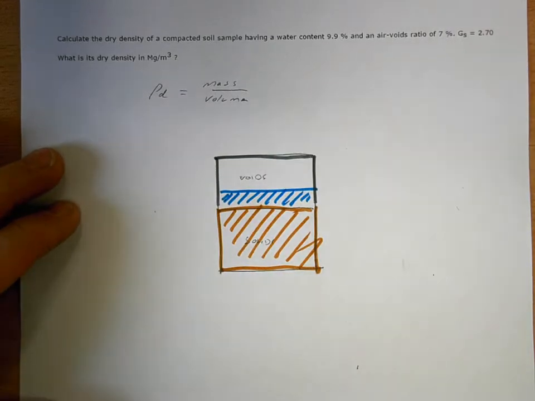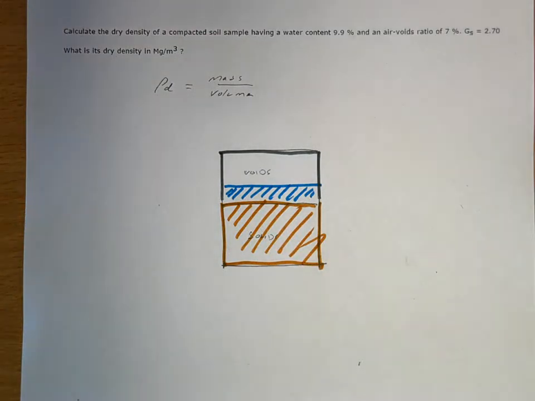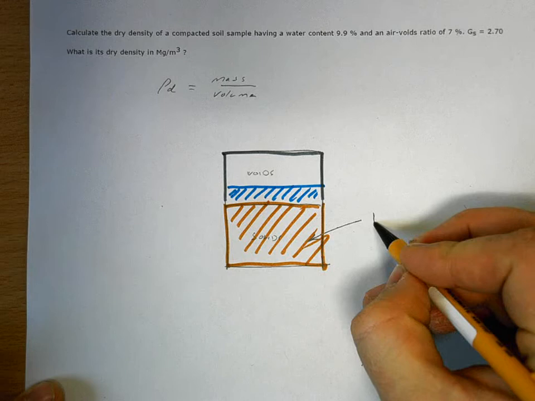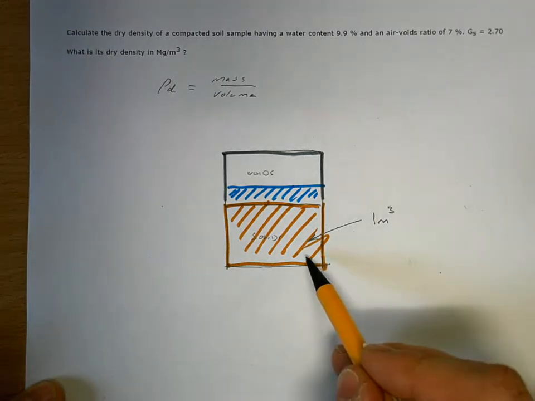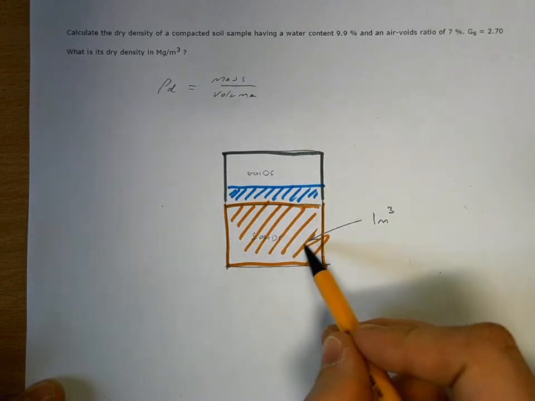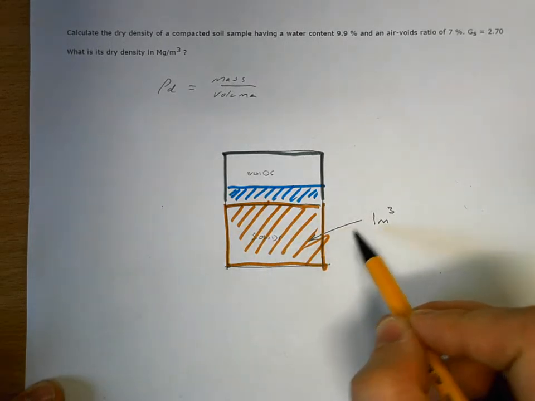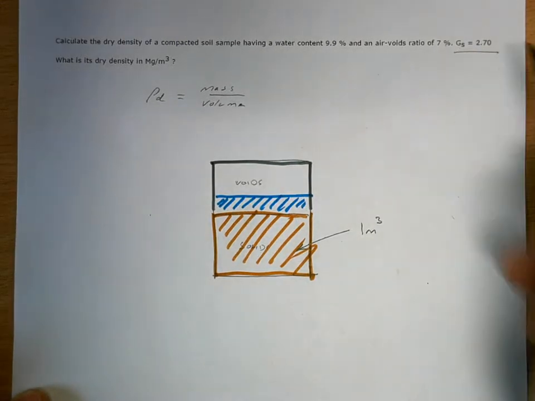And what we say is we have a unit volume of solids, i.e. that solids is 1 cubic meter. The density of the solids is described by how much denser it is than water, and that's where this GS comes in.